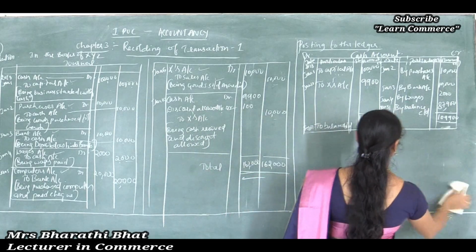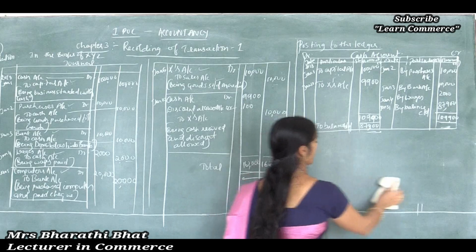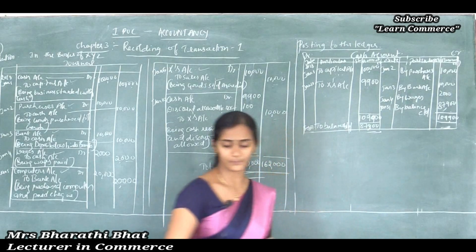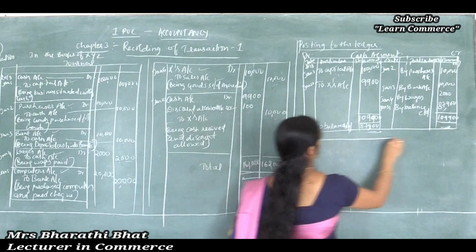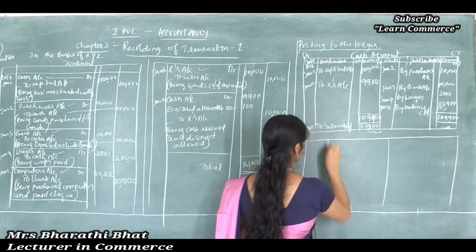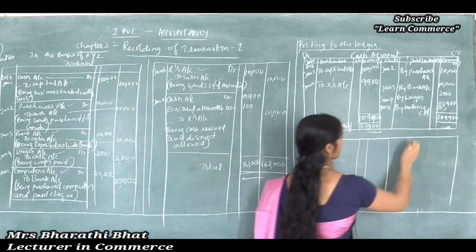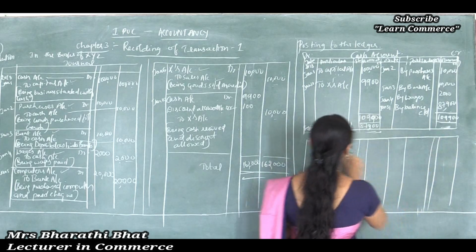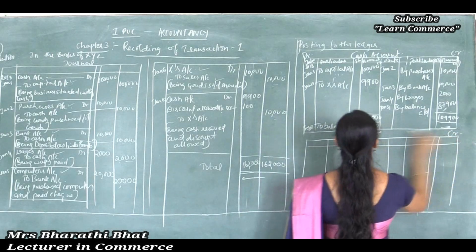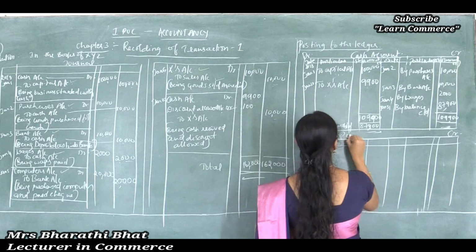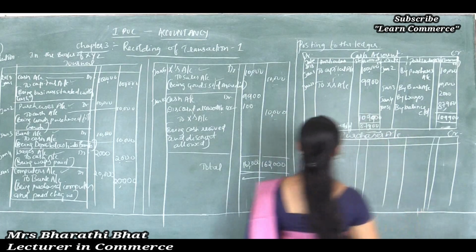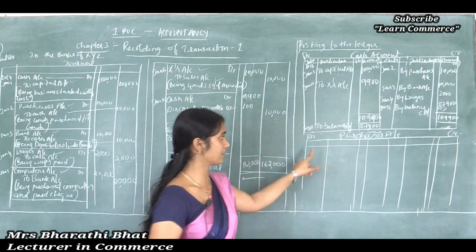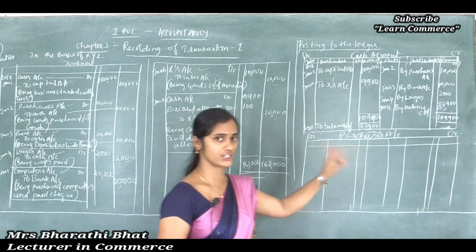I'll erase this. Cash account and capital account are cleared. And the next one is purchases account. Credit and debit, purchases account. Please fill these columns: date, particulars, JF, amount, date, particulars, JF, amount.